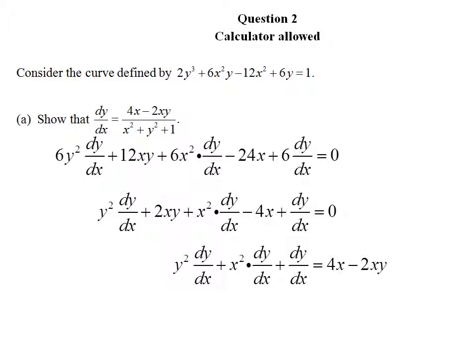So now what we're going to do is rearrange the terms in such a way that we get all the terms that have dy dx, and there are 3 of them, on the left-hand side. And on the right-hand side, we have 4x minus 2xy.